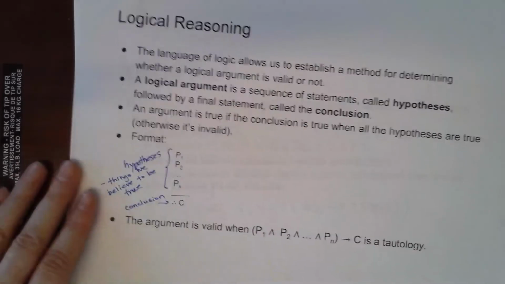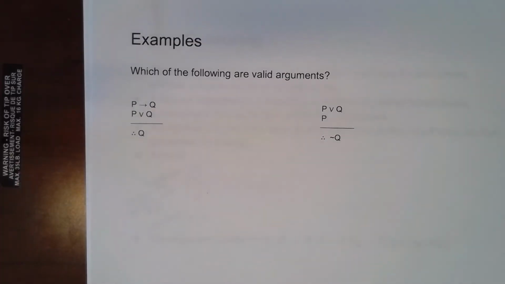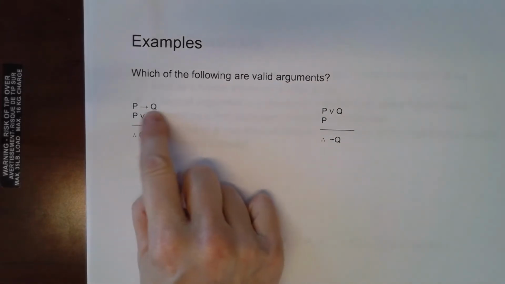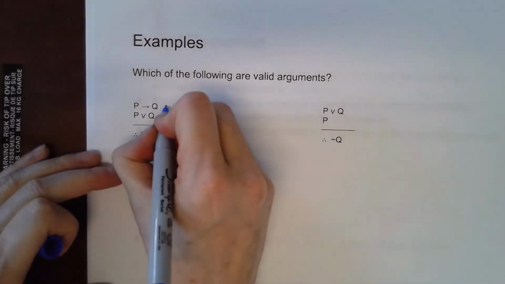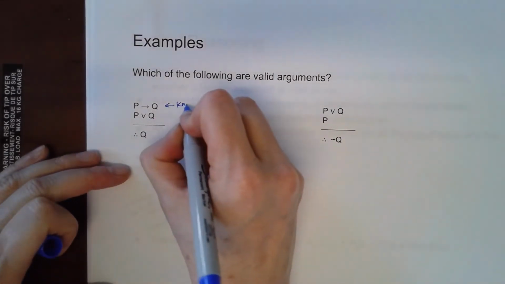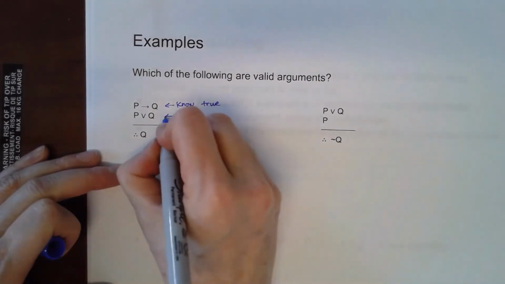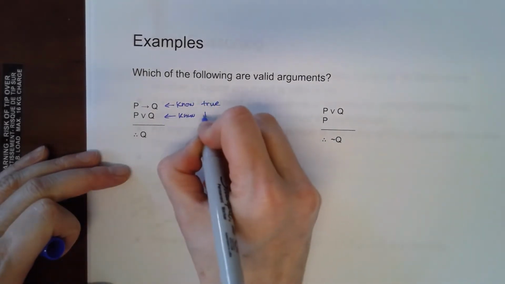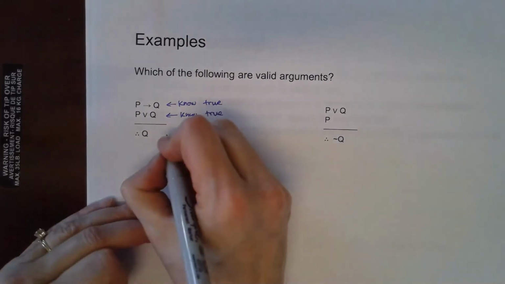Okay. So let's look at these and see if these are valid arguments. So here, these are all hypotheses. P implies Q. I know that's true. Okay, and P or Q, I would have to know that's true. So if I know those two things are true, could I conclude that Q is true?